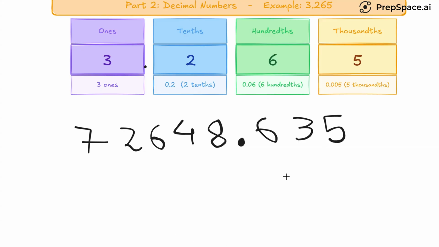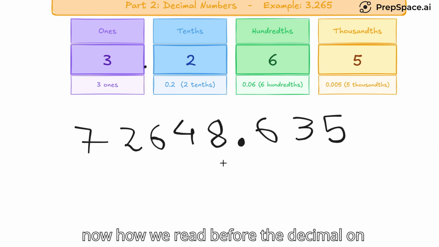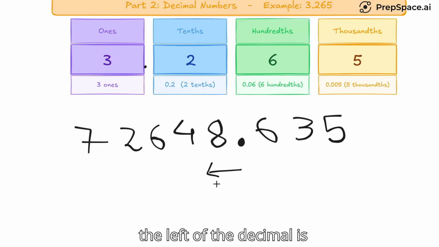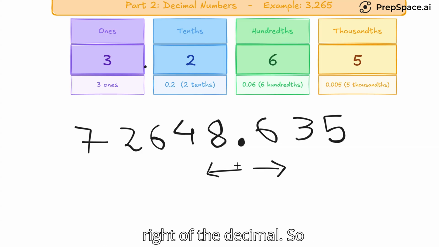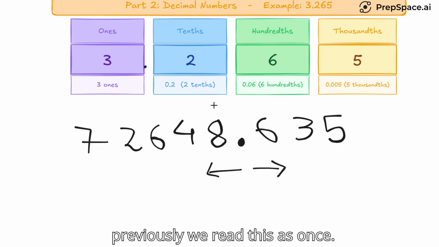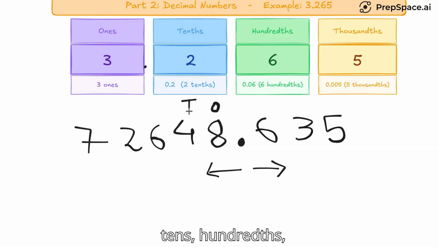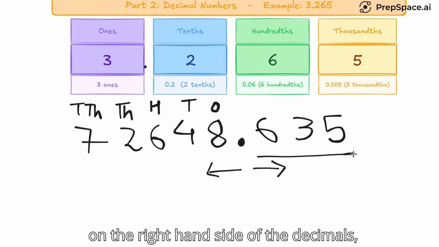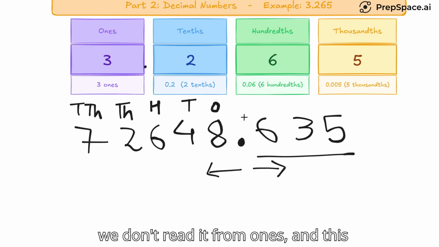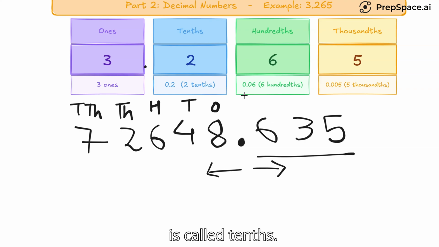Now how we read on the left of the decimal is slightly different from how we read to the right of the decimal. Previously we read ones, tens, hundreds, thousands, and ten thousands. But on the right hand side of the decimal, we don't read it from ones, and this is called tenths.